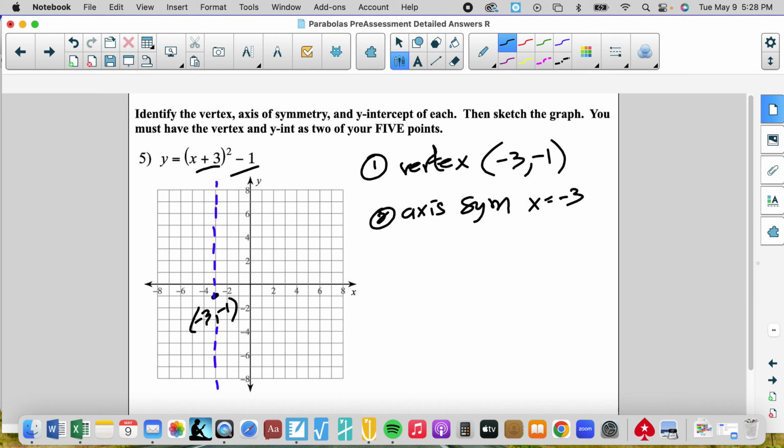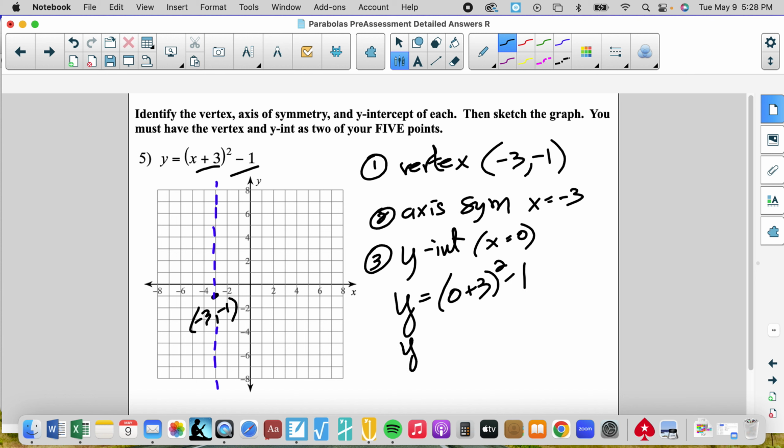I'm going to do my y-intercept by plugging in 0 for x. Y equals 0 plus 3 quantity squared minus 1, which equals 3 squared minus 1, which equals 9 minus 1, which equals 8. So 0, 8 is my y-intercept.